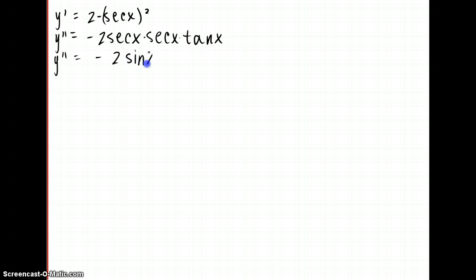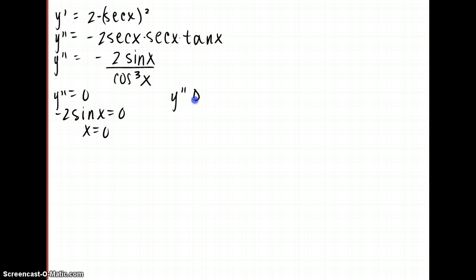So rewriting the trig functions in terms of sine and cosine. So the sine function equals 0 at 0. The second derivative wouldn't exist where the cosine equals 0, but we already said in the interval given, there's no critical numbers from that condition.